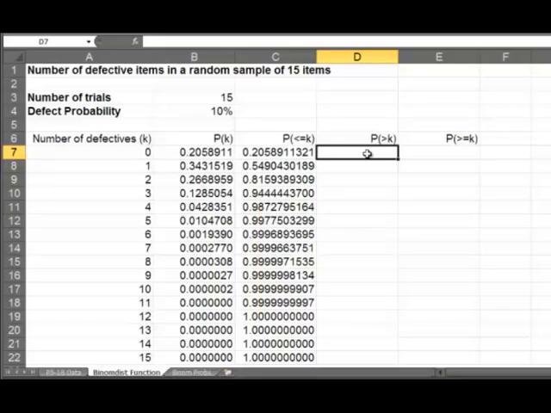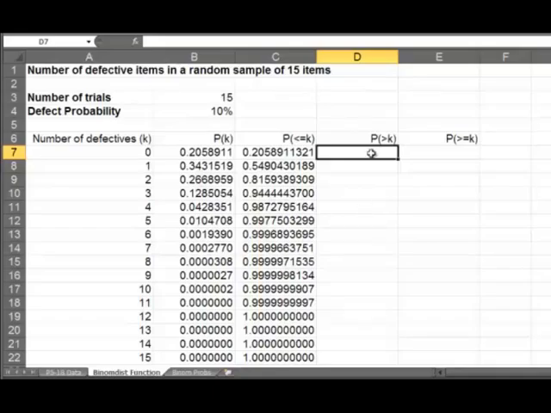Well, I know that the binomial dist formula gives me the probability at k, or the probability at or below k. In this case, I want to know the probability of being greater than k. Well, I know that my total probabilities must sum to 1. And we can see this by the fact that our cumulative probabilities increased all the way up to 1 and ended at 1.